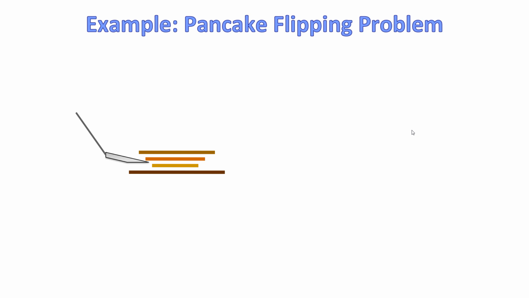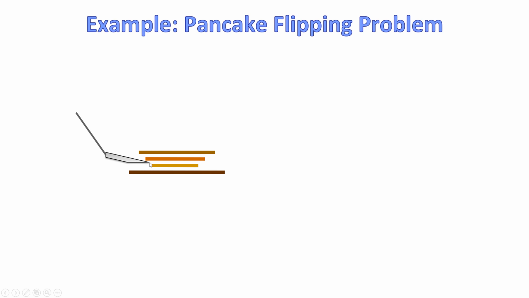The third example that we started to talk about last time but we didn't finish was the pancake flipping problem, where we have 4 pancakes. They are different in sizes, and we want to eventually order them by size, so that the smallest one would be at the top and the largest one will be at the bottom. And what we can do to reach that goal is to flip the pancakes at some position.